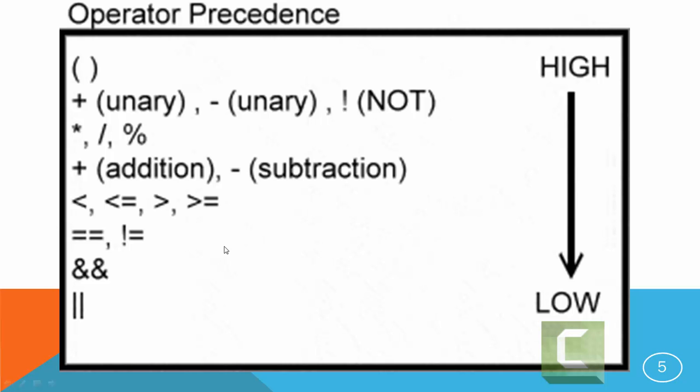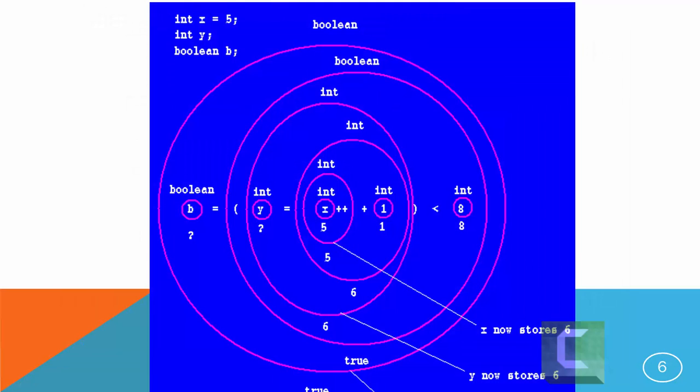So let's take one example. In this example, the operation it is trying to do is b equal to, in brackets, y equal to y plus plus plus 1, then parenthesis closed, then less than 8. First the parenthesis will be resolved.